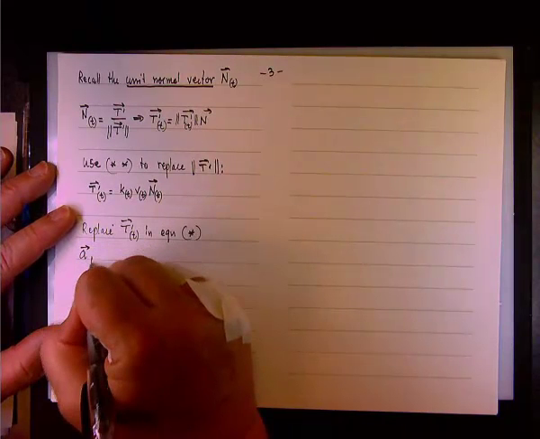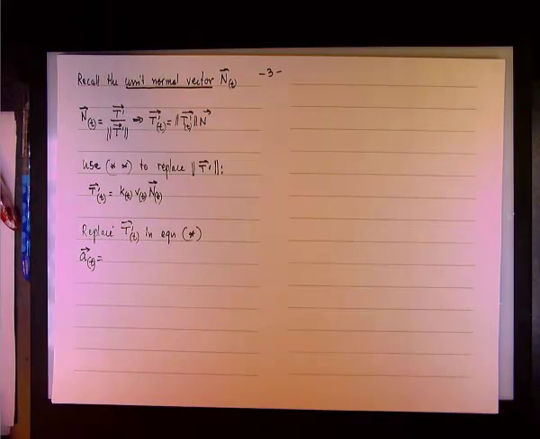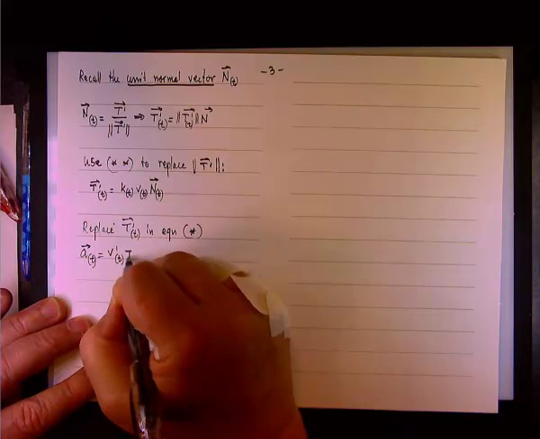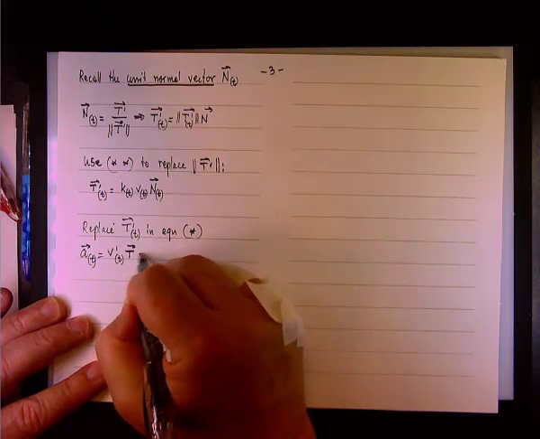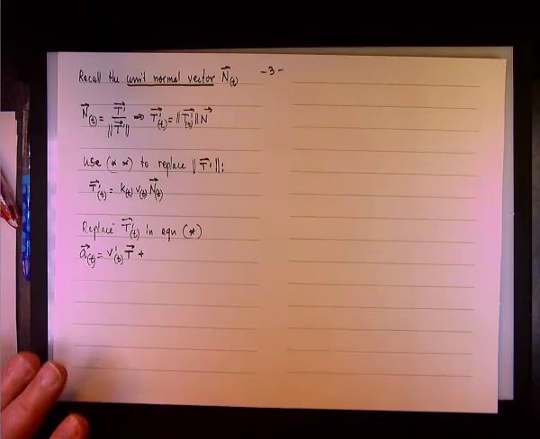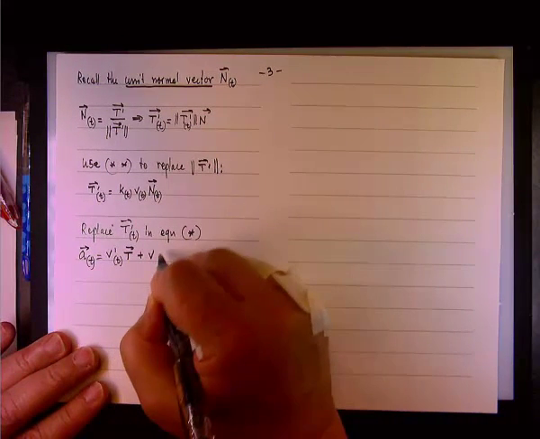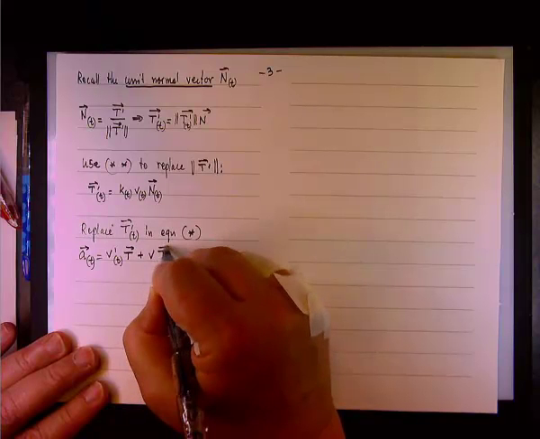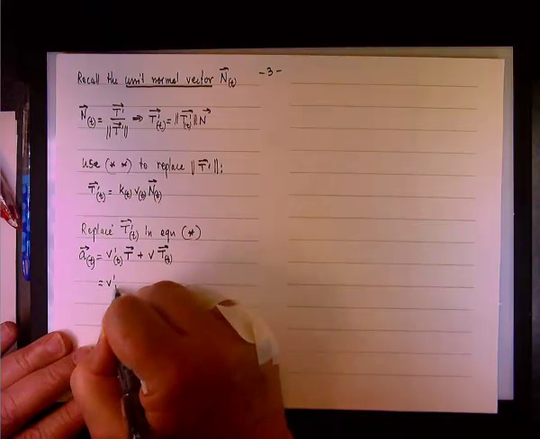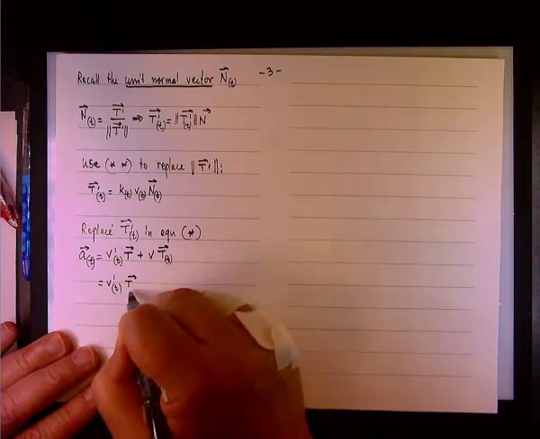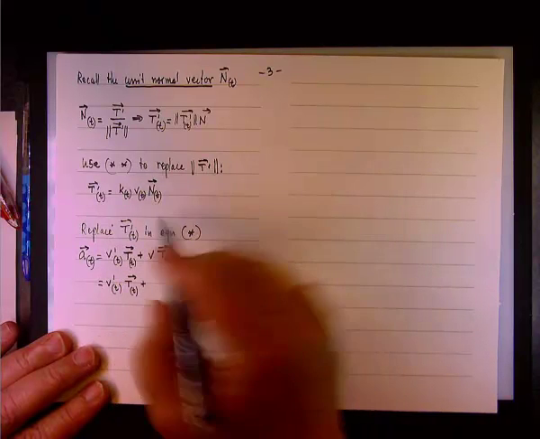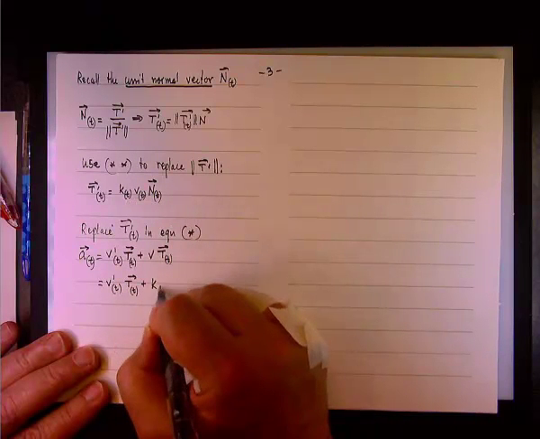All right, now go back to equation star, and replace the vector t prime in equation star.